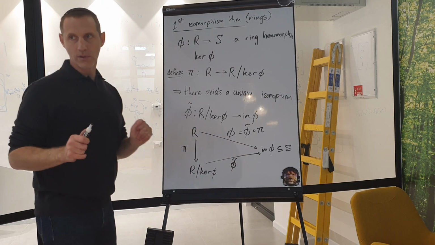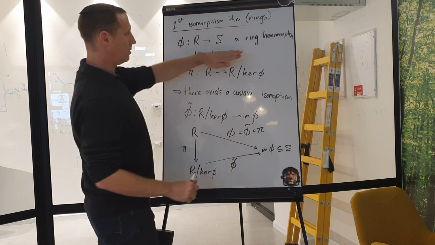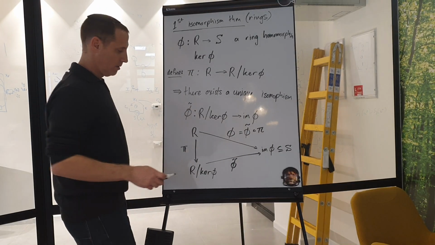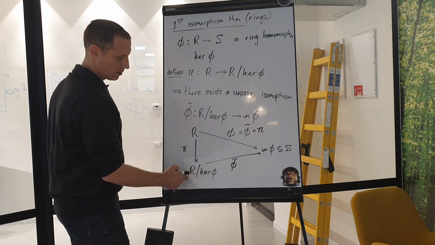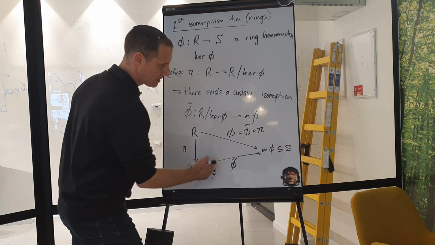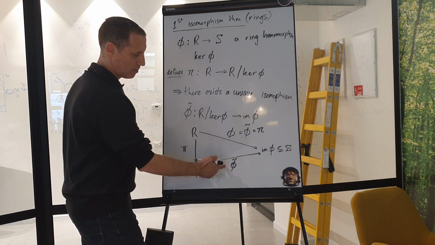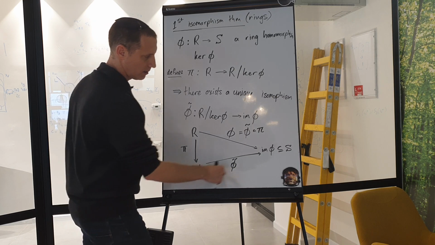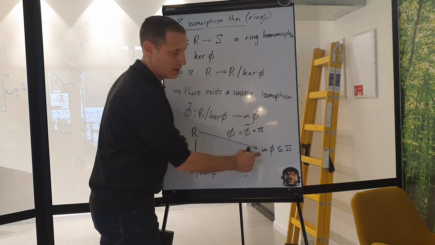So we can do it in two ways. We can go directly and just use this ring homomorphism, or we can project it over the curve, and then there exists a unique map. This is a unique map that will map this guy to here, okay?